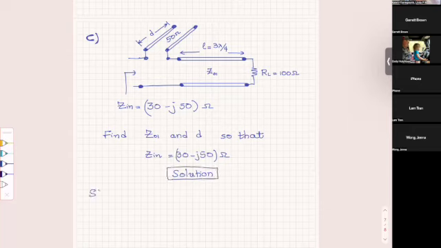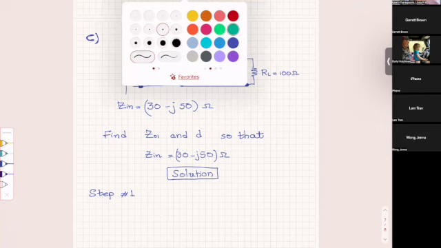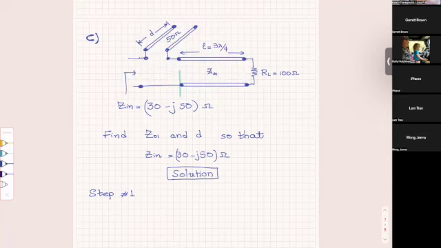All right, so first, step 1, solution. We want to find the input impedance here. Let me call that A, sorry. This is A prime. This is B prime.